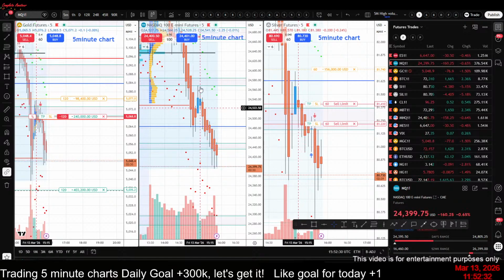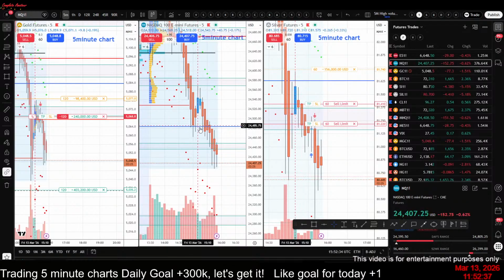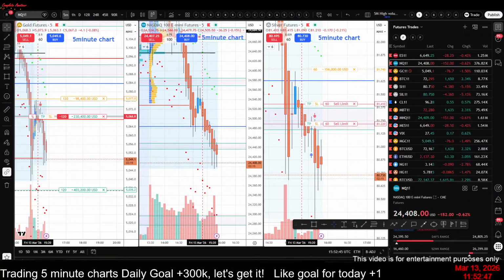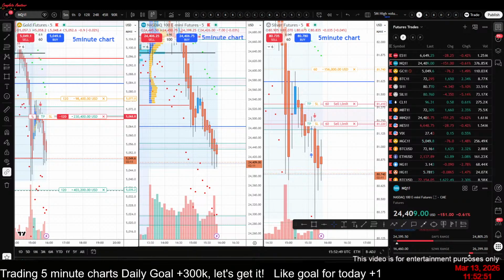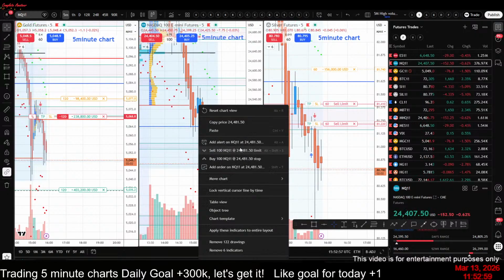Oh, there we are. We had a retest. Let's see. 79.50.